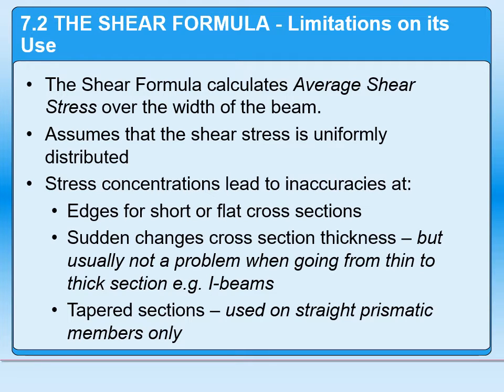So we are approximating the shear level as a flat shear level and as being uniformly distributed. The fact is that's not always the case. It turns out that in terms of the distribution of stress, all of the edges tend to be stress concentration points. So we tend to get situations where we have slightly higher levels of stress at the edges of our cross section.